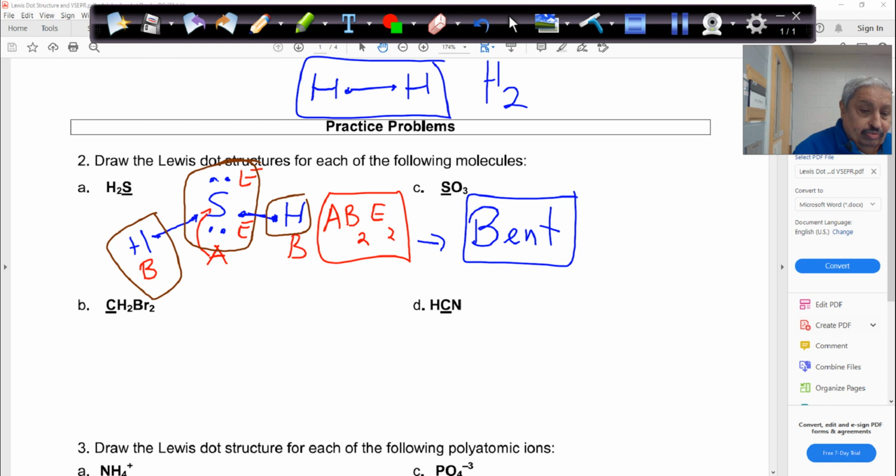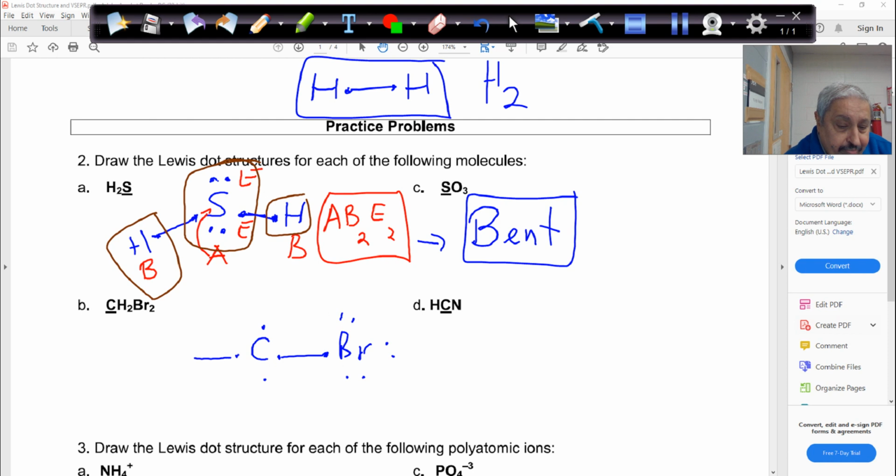Now, let's take the second one. It's already given to us in the question: underline the central atom. Look at the central atoms underlined. Here is S, and here it is given to us that carbon is the central atom. It has 4: 1, 2, 3, 4. And then you have bromine, which has 7: 1 already, 2, 3, 4, 5, 6, 7.